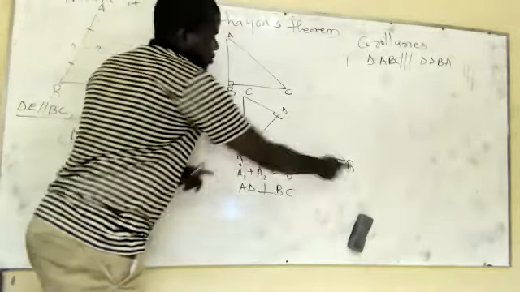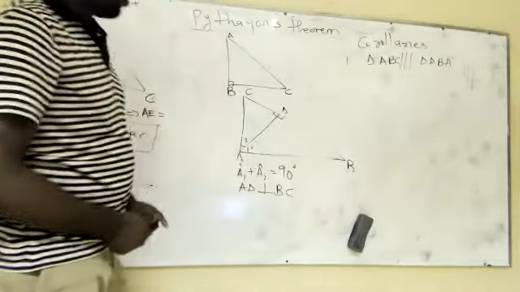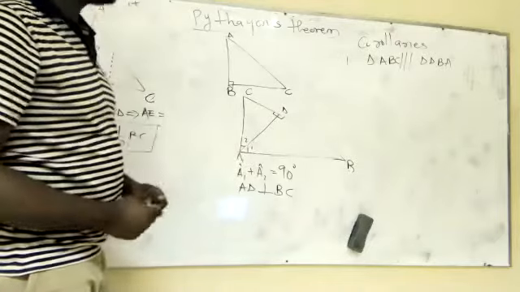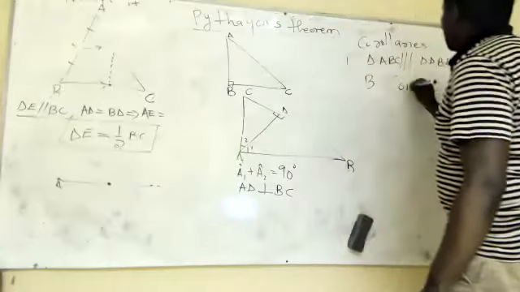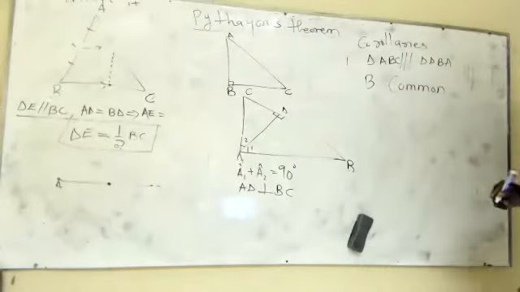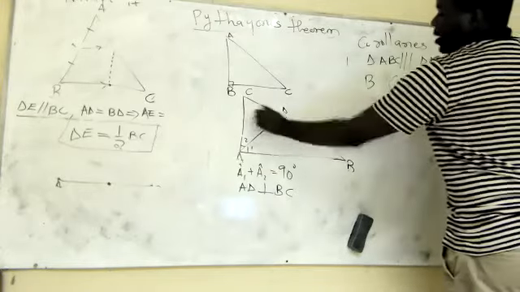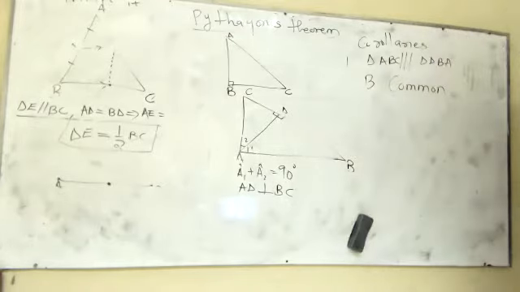So triangle ABD is just using this angle A1, not A2. But there's just one angle which these two big triangles share, and that is angle B. Yes, angle B is common. So that's the first thing you must know: B is common. It belongs to triangle ABC and to triangle ABD. That's the very first thing.